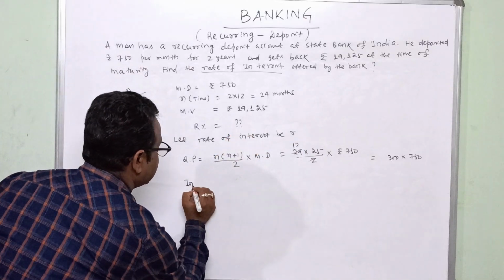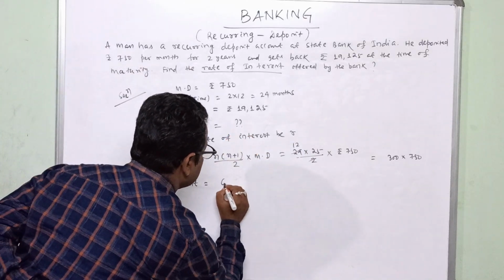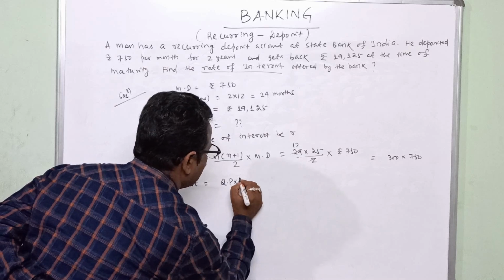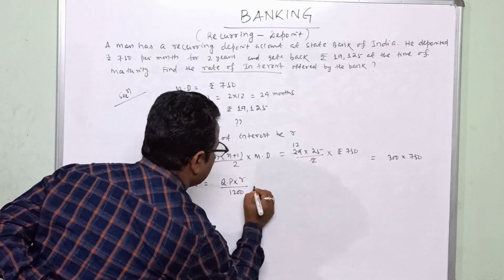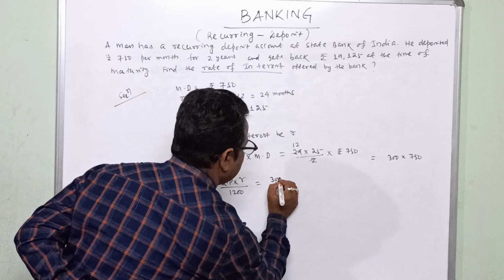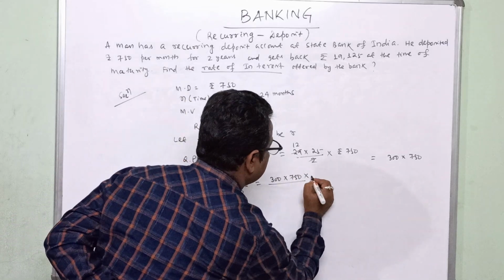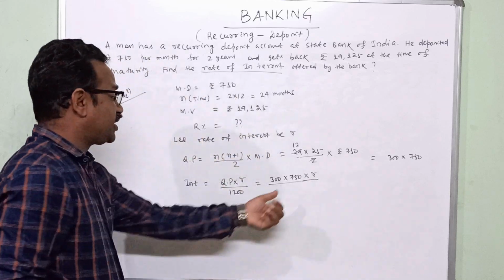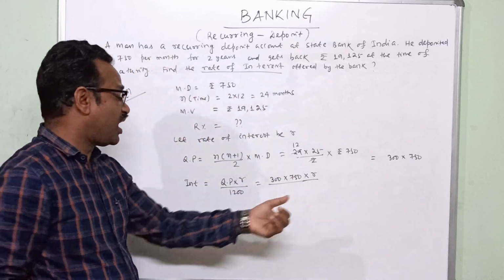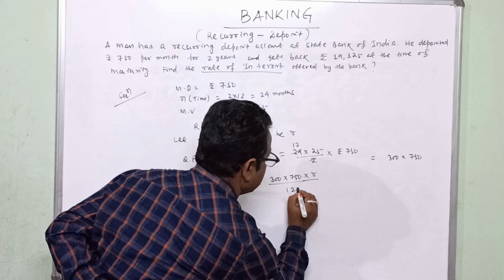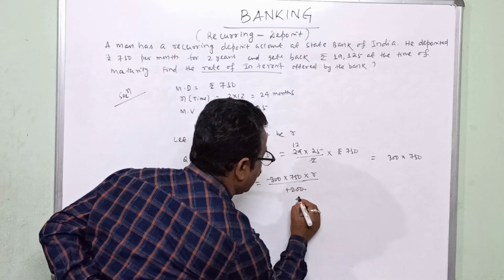Now interest. Interest is equal to QP into R by 1200 is equal to 300 into 750 into R. Rate of interest is not given, so putting R by 1200. So 300, 1200 is 4.